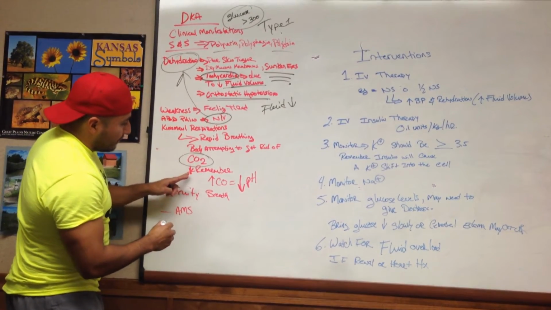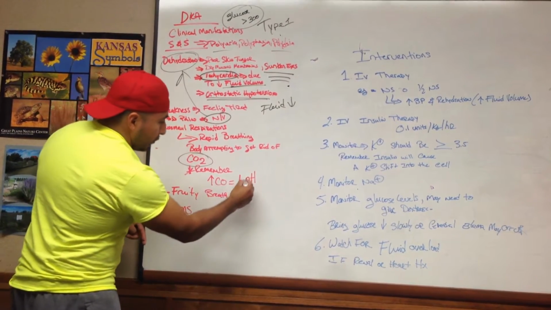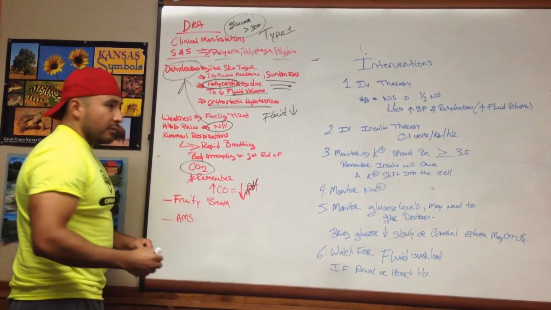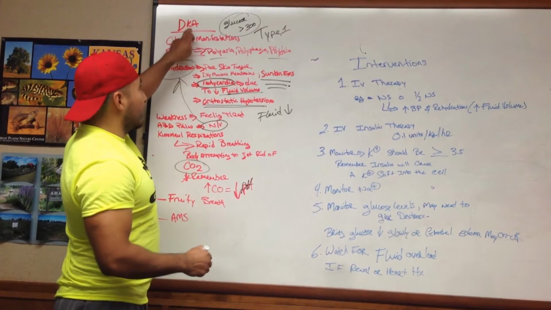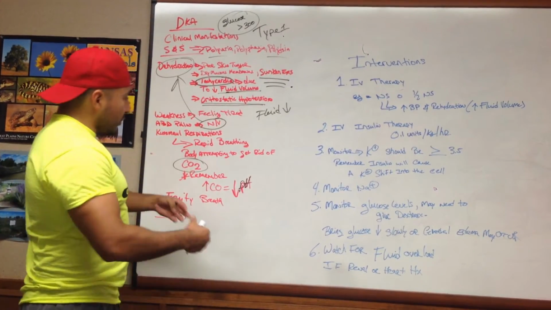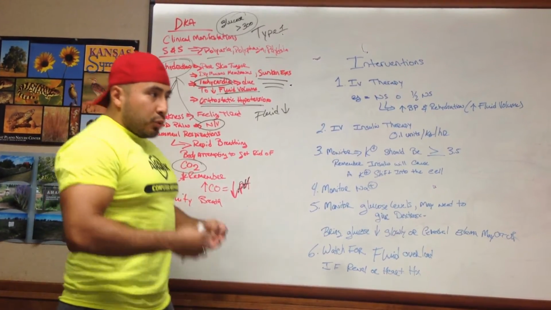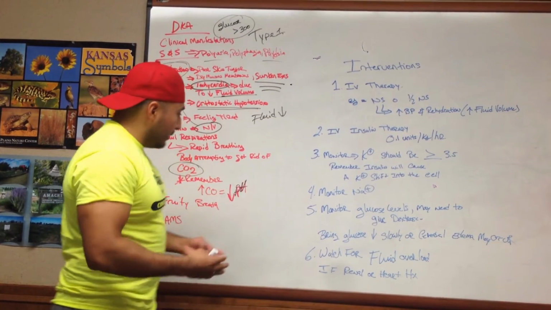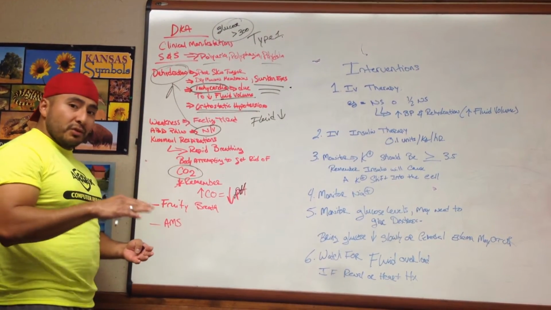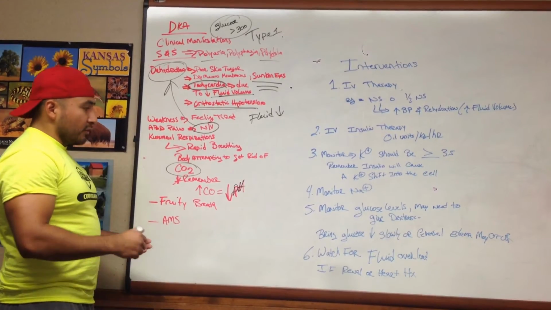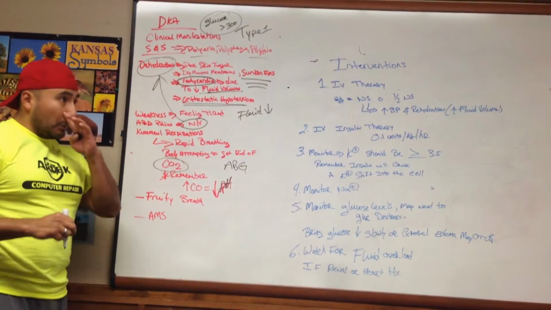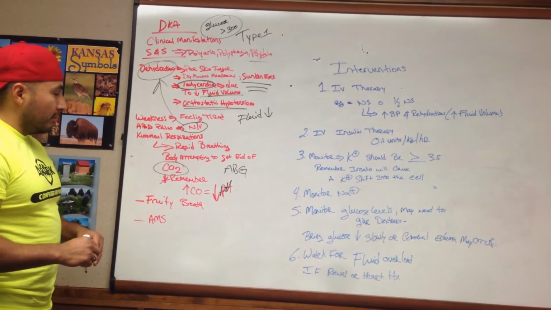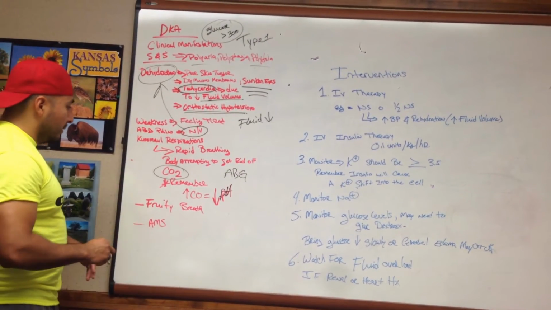Remember that an increase in CO2 will decrease your pH. So that'll make you more acidotic. Hence the name diabetic ketoacidosis. So what your body will try to do is breathe out the CO2 to bring your pH to a more normal level. Okay, so if you were to do something like an ABG, you'd see what their acidotic state is.